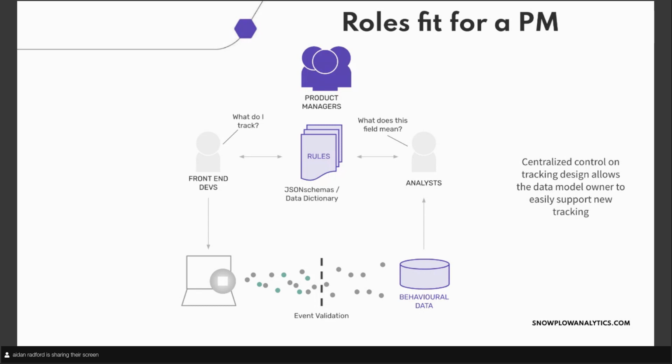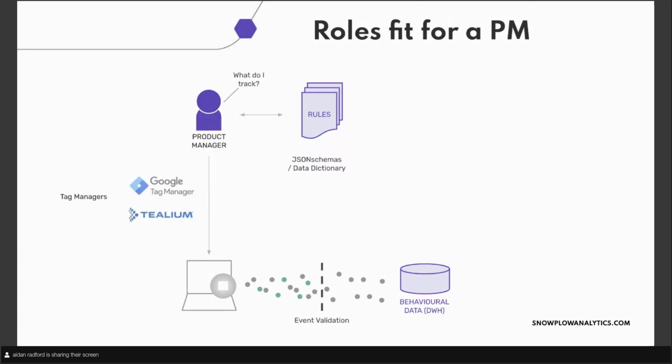So what if we could improve this process to reduce the amount of reliance product managers have on these separate teams of front-end developers or analysts? Well, that's possible. For example, we could get our product managers to replace, in part, our front-end developers using tag managers like GTM or Tealium.